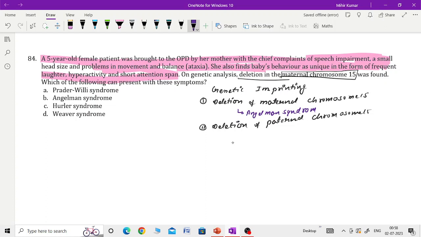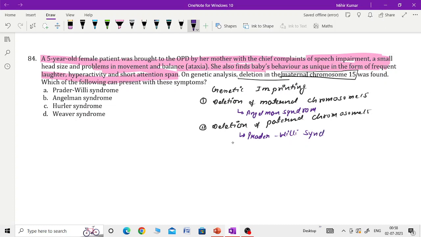Angelman syndrome. And if the deletion of the paternal chromosome occurs, then we call it Prader-Willi syndrome.